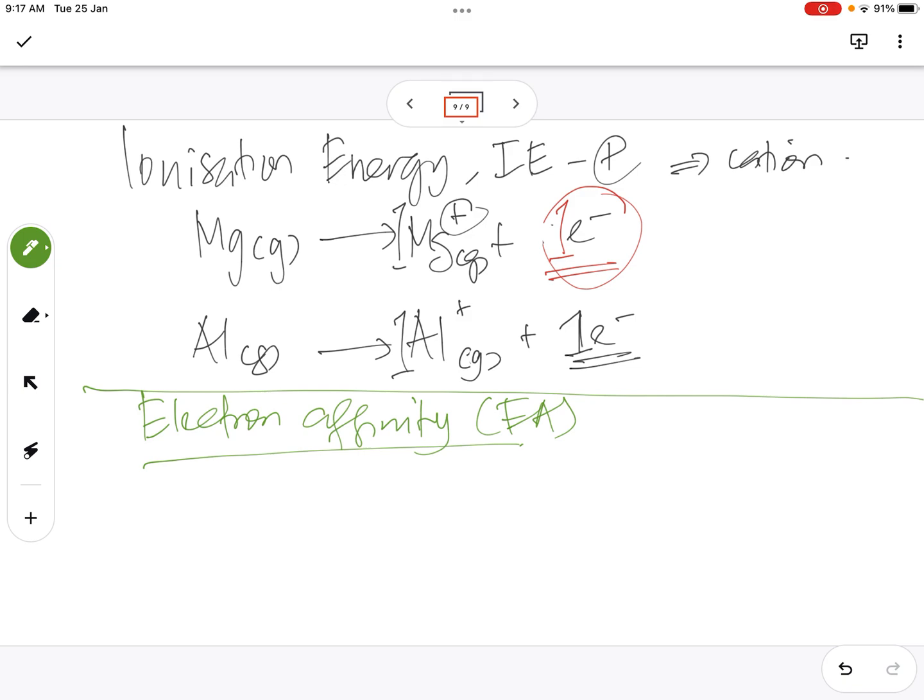Note the word gain, and it is heat change, so EA can be endothermic or exothermic. For example, F. This is the gaseous atom, you gain 1 mole of electron, then you become a gaseous ion. Notice it becomes an anion.